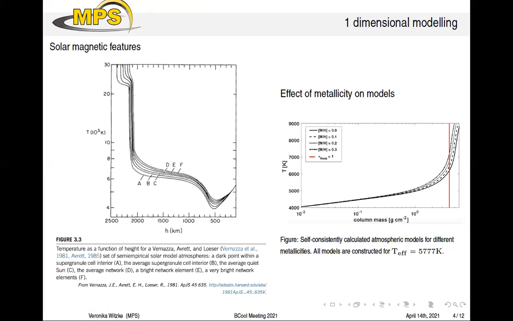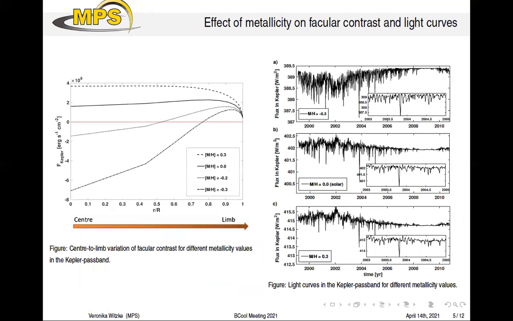So what can we learn from this extension? When we look at the faculae contrast, this is the left plot, in the Kepler filter for different metallicities, this is the solar case. The faculae contrast is brighter in the center and gets even brighter further to the limb.